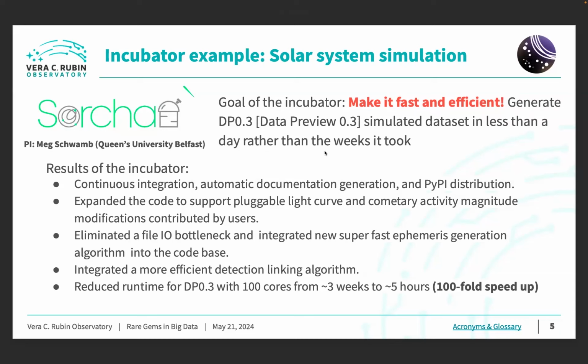It eliminated the I/O bottleneck where in the previous version they were writing many files and then loading from files. They did it more efficiently. The only thing to remember is that we managed to speed the code up from 3 weeks to 5 hours, which is around a 100-fold speedup, which enables you to completely change the way that you interact with this piece of code.